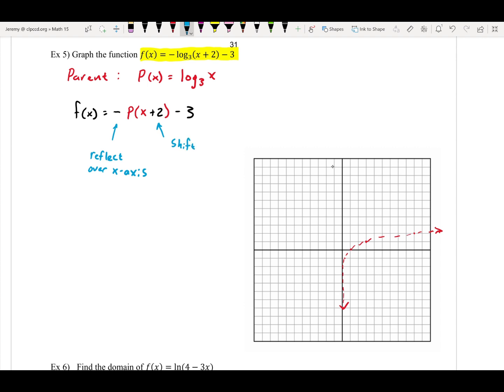So I'll say shift 2 units to the left. And then the -3 is just a vertical shift down by 3 units.